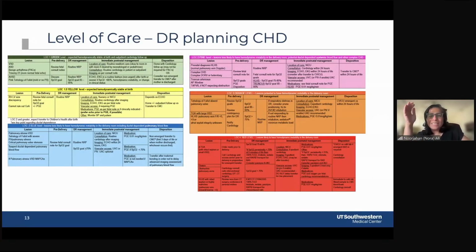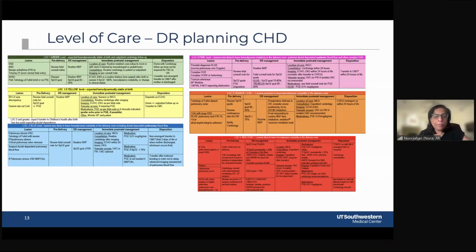Now, when you get to the severe lesions, like the red ones and orange ones, and I apologize, it might be really hard to see, where it says DR management, I have the SAT goals, routine NRP, and there's a box right next to it where we have put a contingency plan. So if respiratory distress, consider for that baby prone positioning, try to avoid intubation. If they're not responding to routine NRP, then intubate, sedate, paralyze.